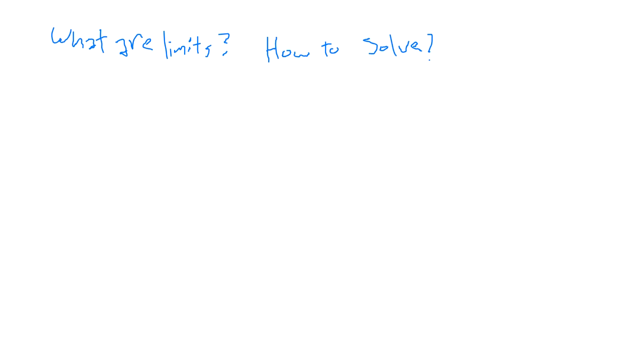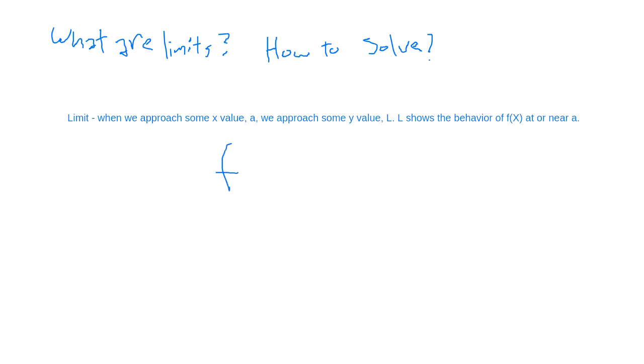All right, so now that we have that, let's look at our actual limit notation. Let's say we have some function f of x, and we want to find the limit as x approaches a.